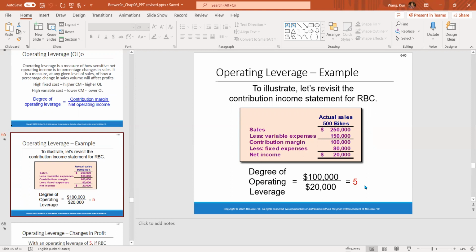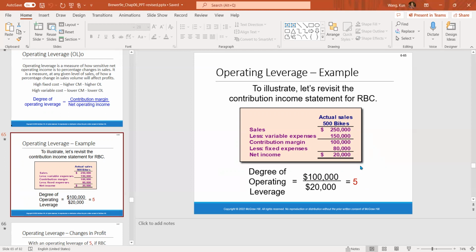The 5 basically means, if you have 500 sales volume and you can increase the sales, for example next year, by 10%, so if you can increase your bike sales volume by 10% from 500, then the net income increase will be 5 times the 10%.